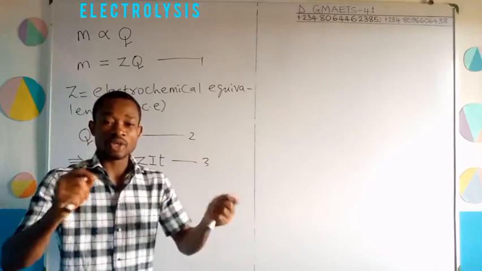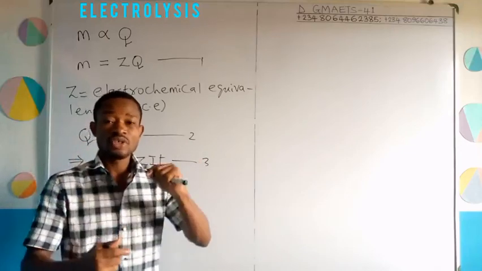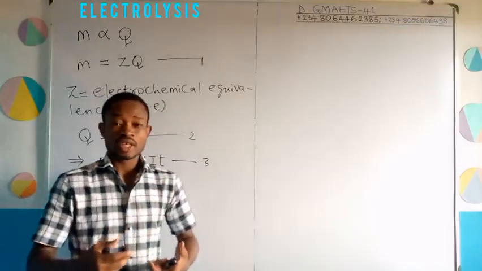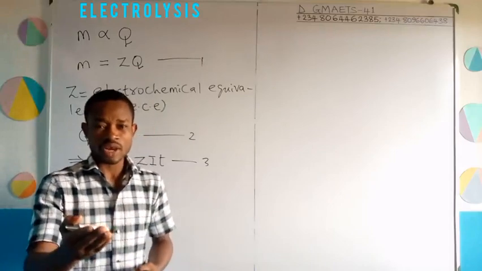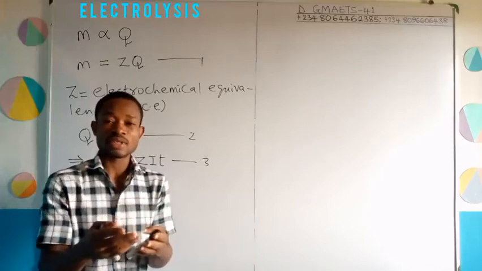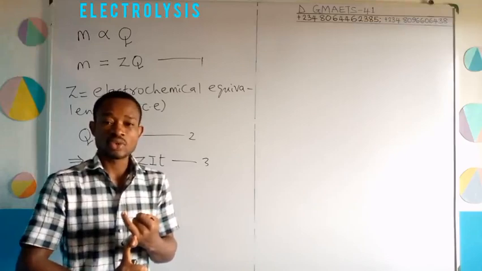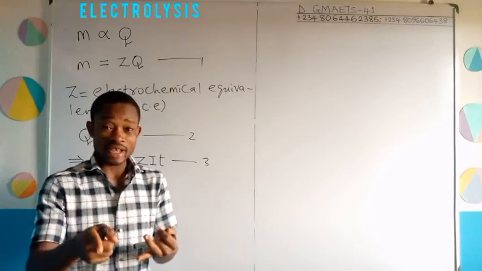I'm not saying these are the only ones, but oftentimes, if you're talking about univalent positive ions, questions are usually drawn from silver, because silver is univalent. Sodium too is univalent, but most times you're not tested on sodium. So I'm going to show the cathodic half-cell reaction equation for silver, where we deal with a univalent ion.